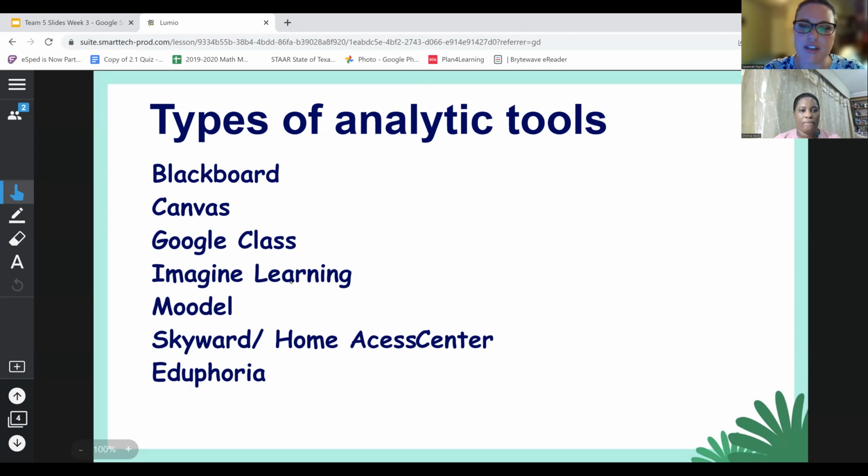So types of analytic tools are Blackboard, Canvas, Google Classroom, Imagine Learning, Moodle, Skyward, Home Access Center, Eduphoria. Basically, any kind of educational digital platform that collects data about students and a teacher looks for the data.